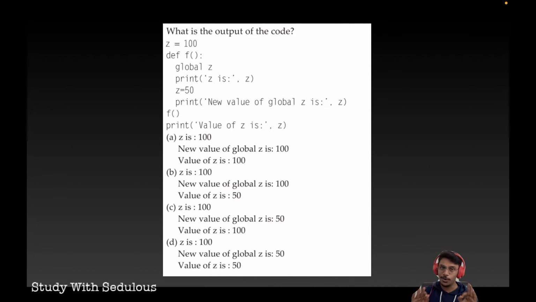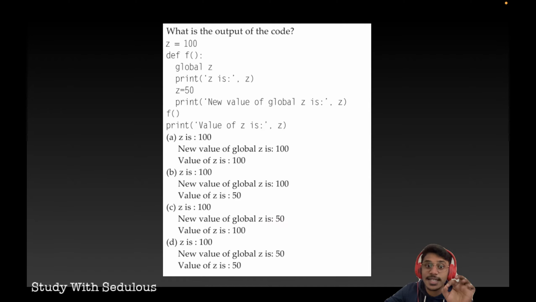Then we are defining an F, which is an empty function actually. Now global Z, we have made global Z, but we haven't assigned a value to Z now. So the printing Z is the first Z, and that is 100. So Z is 100 is the first one that is printed, and that is the same for all options.